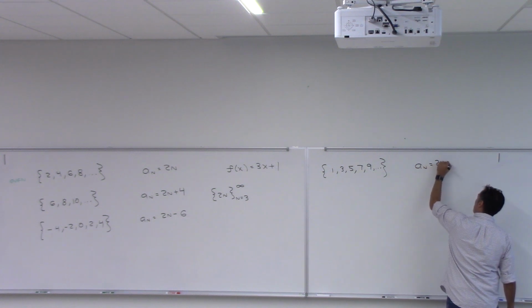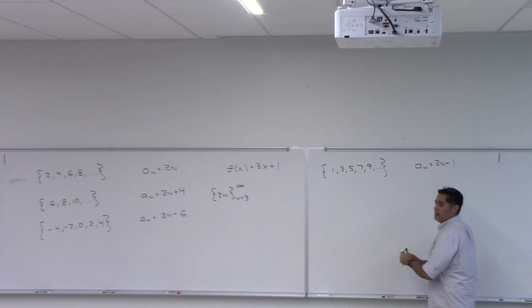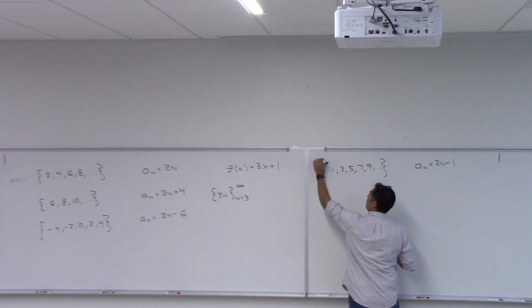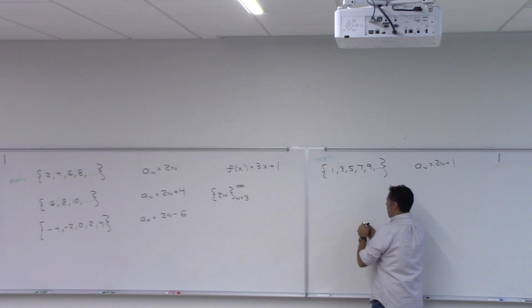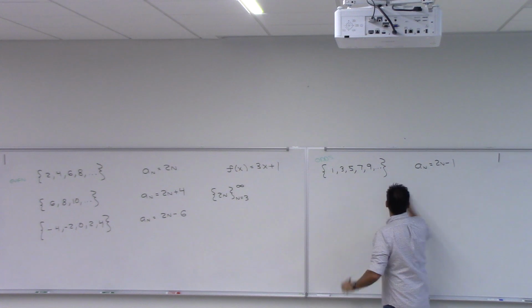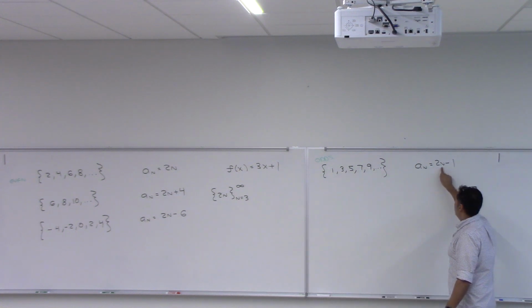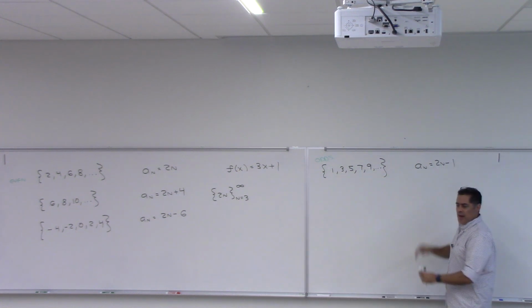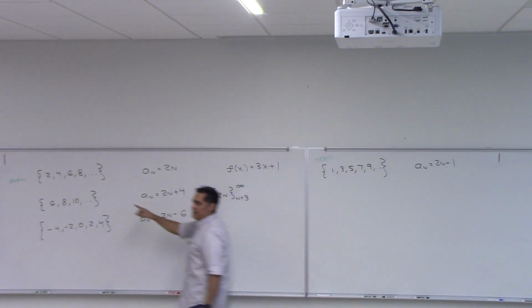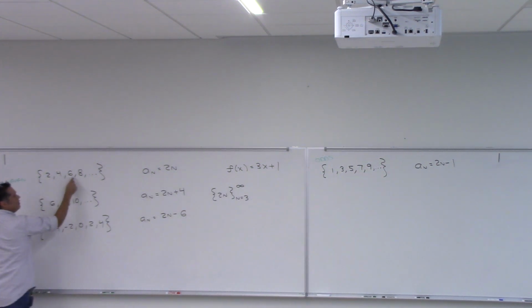And these are special, aren't they? These are what? Odds. Now, how much are they going up by each time? 2, 2, 2, 2. That's why we have a 2n. But the minus 1 just moves it, right? So it's like we took every even number and subtracted 1, and we got all the odds, right?